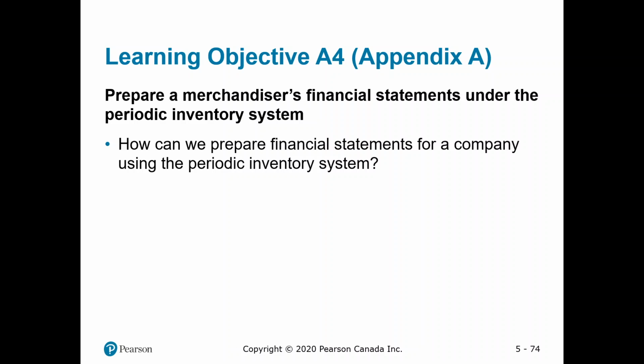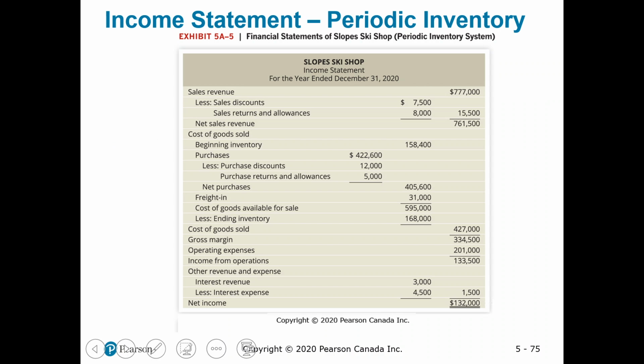Okay, so this next part looks at the financial statements or the income statement under periodic. And we're not going to go in much detail because it breaks it out in the same manner as we looked at in the multi-step previously. But now, because we have this calculation for cost of goods sold, that full information is shown on the income statement.